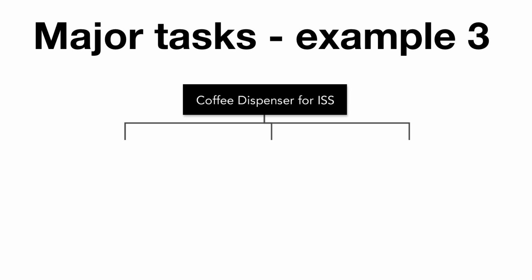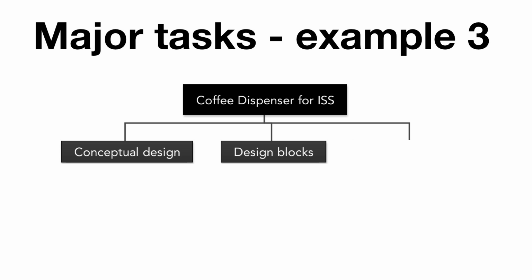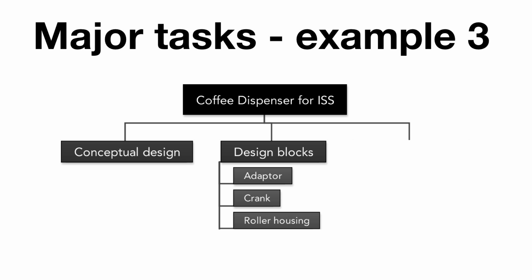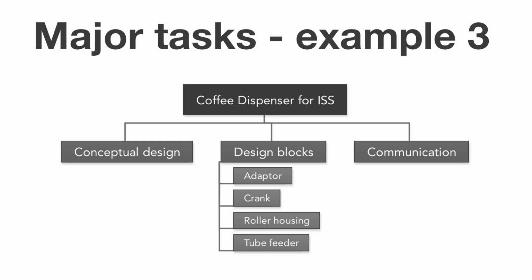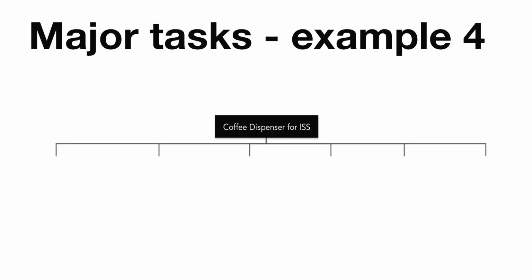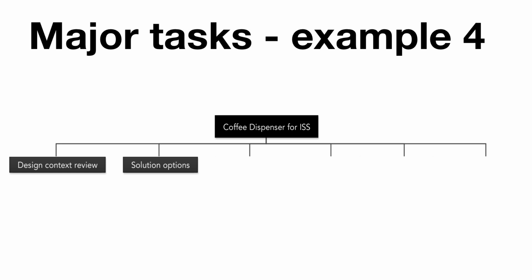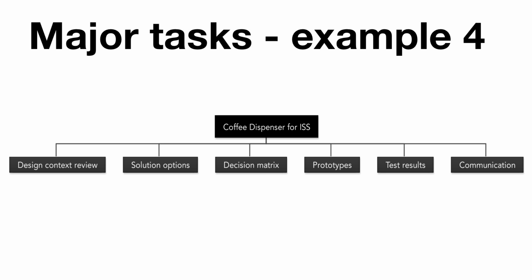A third option could be conceptual design, and then the design blocks of adapter, crank, roller housing, tube feeder, plus communication. A fourth option could be design context review, solution options, decision matrix, prototypes, test results, and communication.